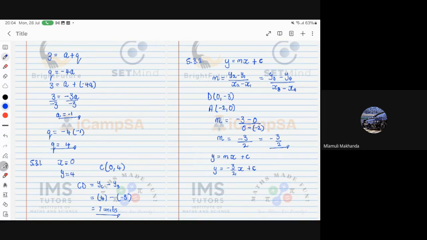So for our c, let's take any of the coordinates here. Let's just use that 0 and minus 3.